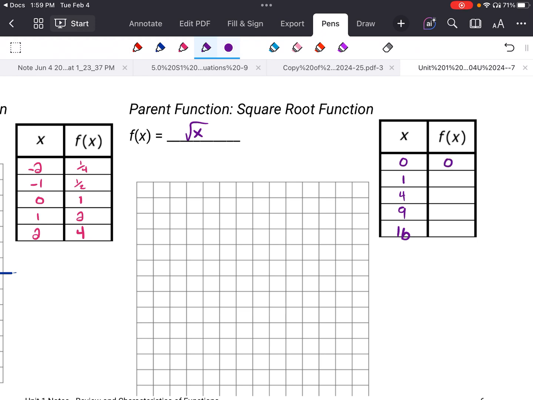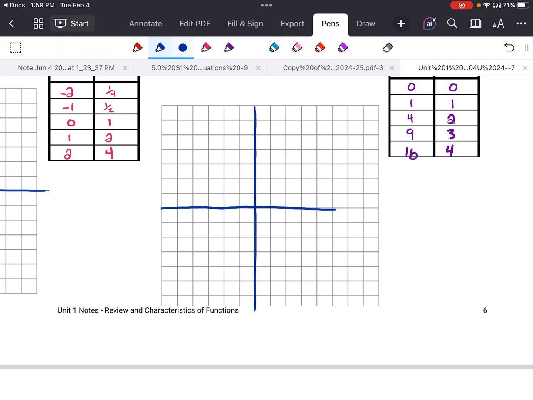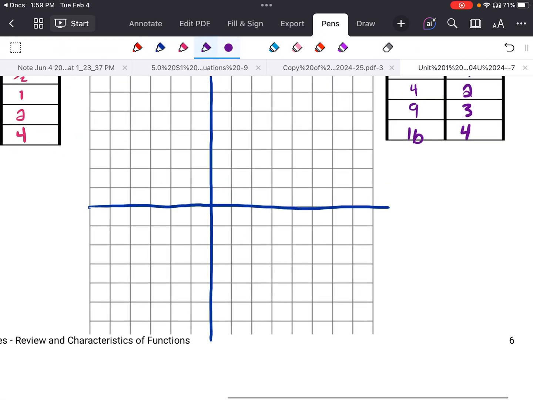The square root of 0 is 0, 1 is 1, 4 is 2, 9 is 3, 16 is 4. So it looks like that.